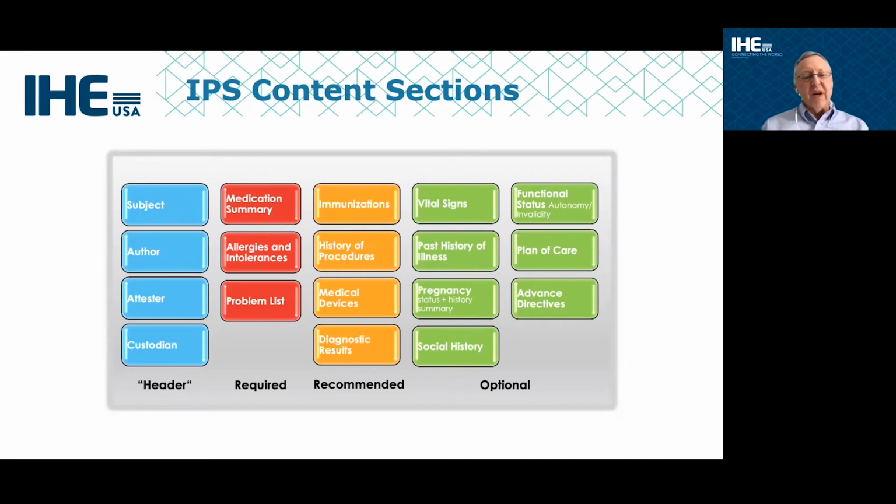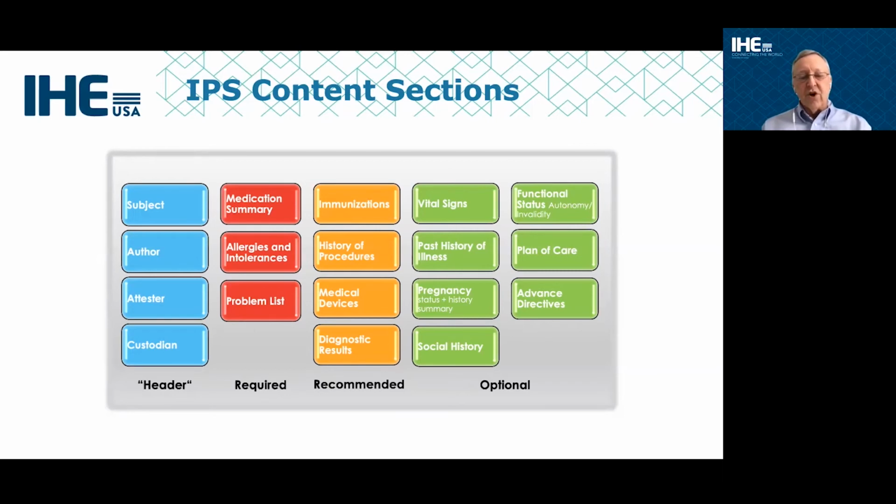I expect that there may be some push to make immunizations even maybe a required section rather than recommended, given the times that we're living in right now and what we're expecting in the near future with the COVID-19 vaccination rollouts. And that's again part of the evolution of the specification.